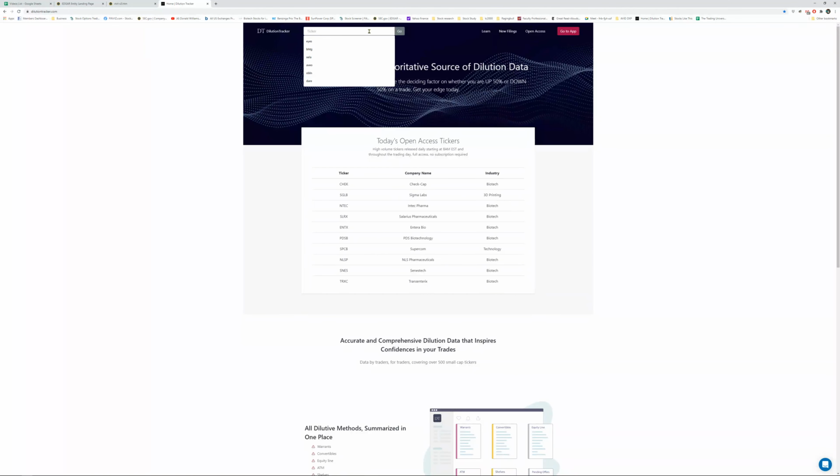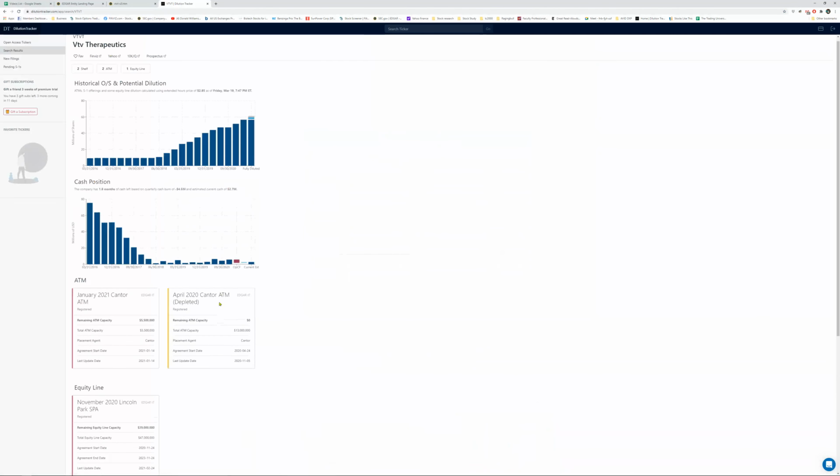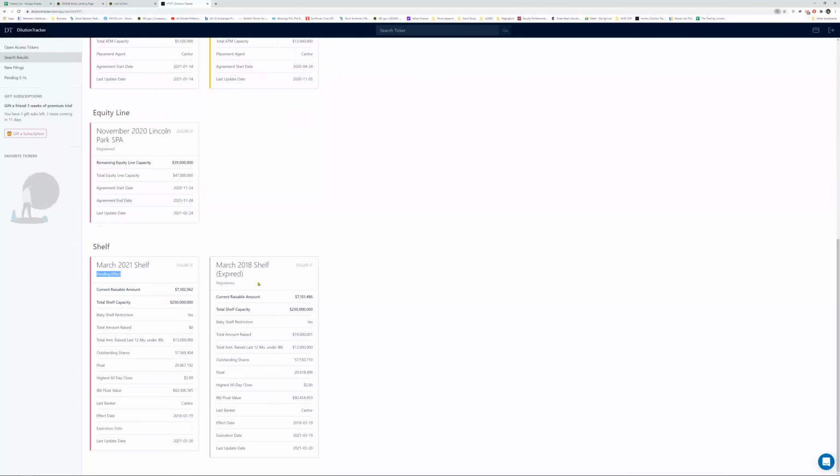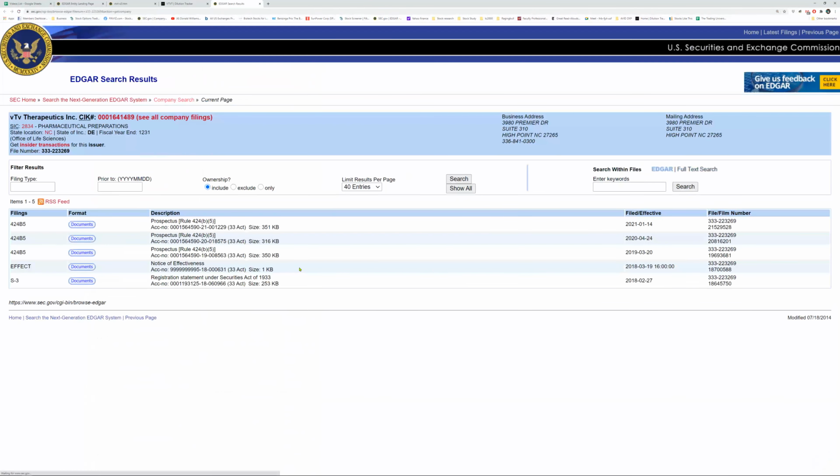So if I look at VTVT, I come down here, and do you see how this one says pending effect? So what that means is it hasn't gotten an effect. And if I click on this, this is that S3 we were looking at that was filed in 2018. Okay, when did it get its effect? Look right here, 3/19/2018.